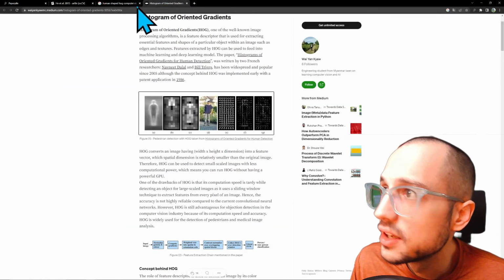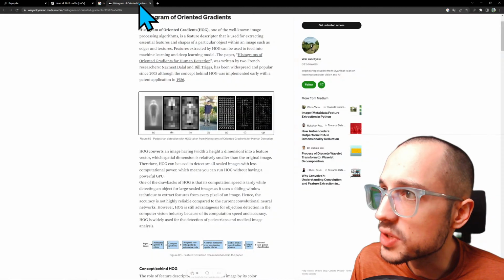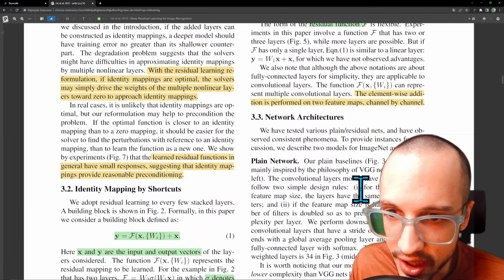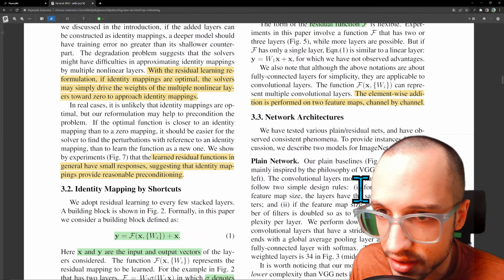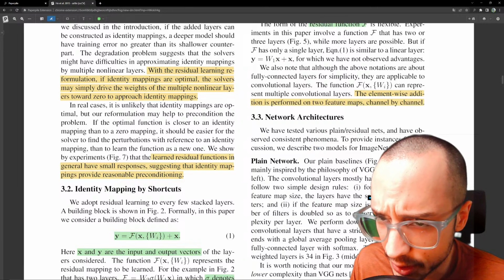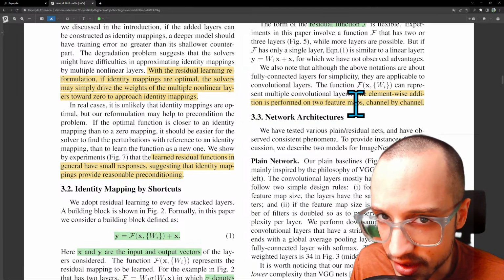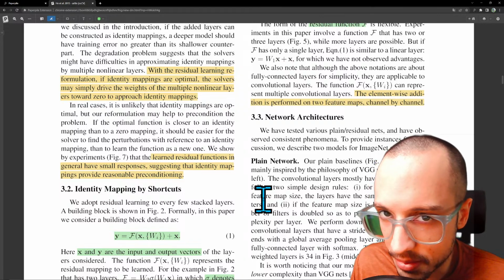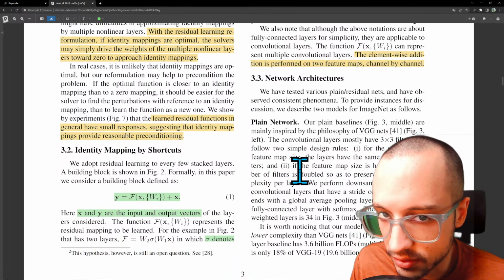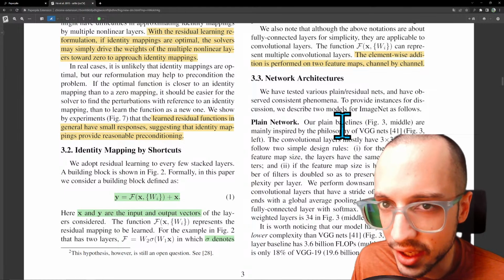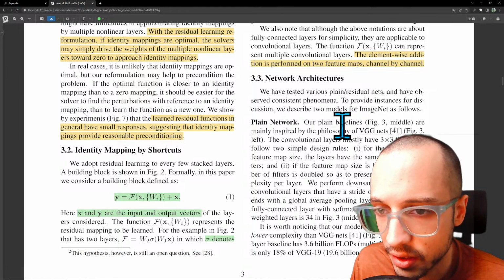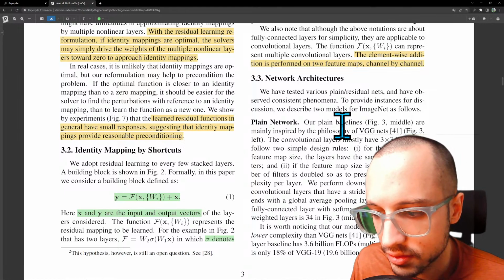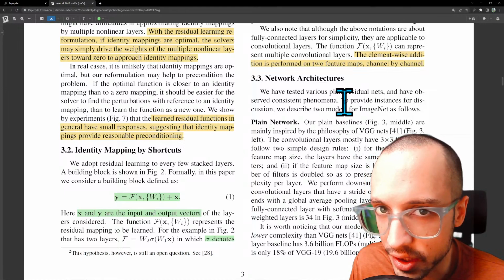And actually, as we saw in the transformer paper, they have skip connections between attention heads. So this concept of skip connections is quite general and can be applied to a ton of different types of neural network architectures.